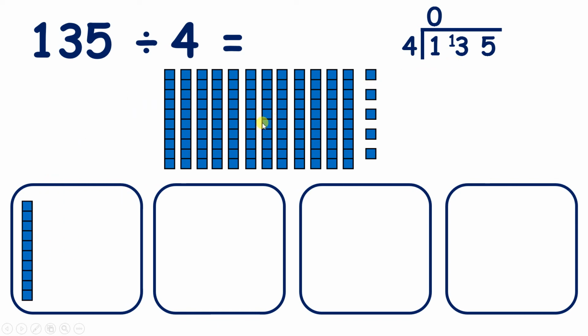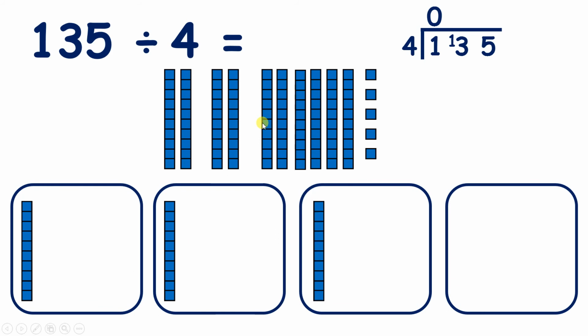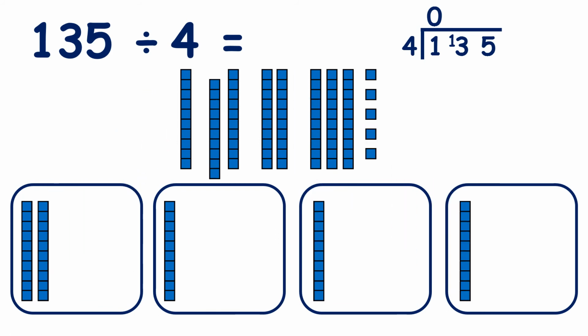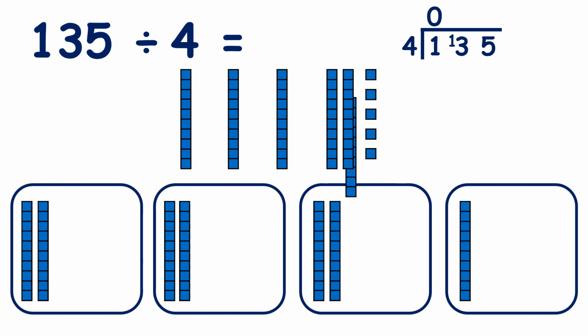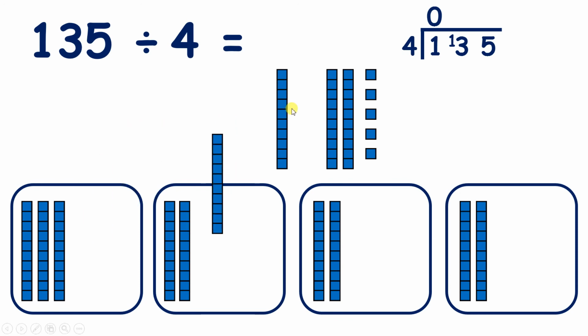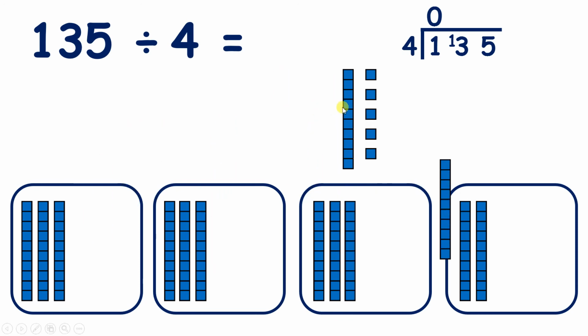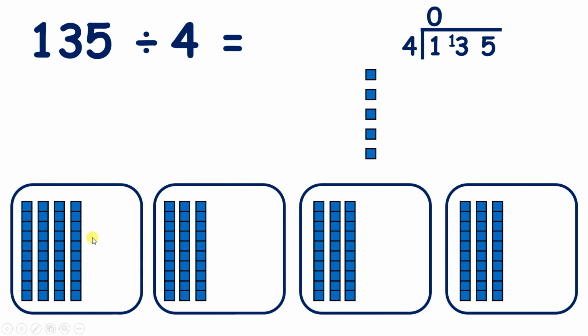Now let's share out our tens. But we can't share out our 13th ten because we need to make equal groups when we divide. So 13 tens divided by 4 is 3 tens, remainder 1.